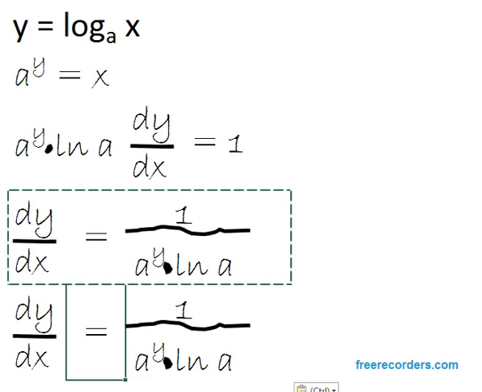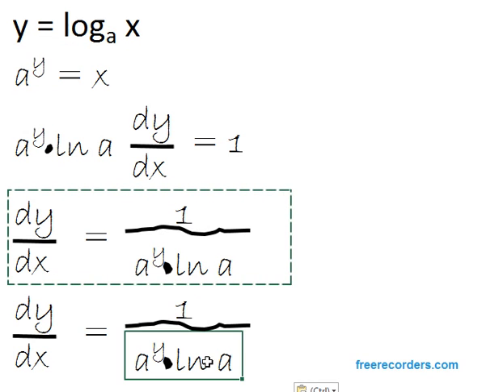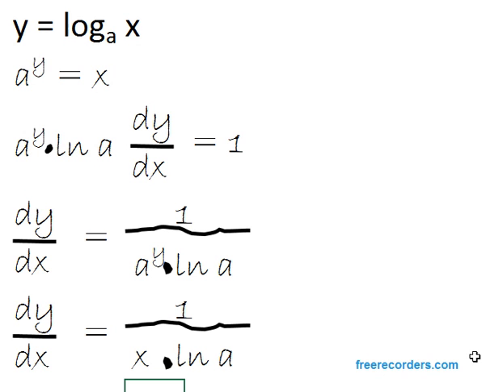And if I look up here, I see that a to the y is equal to x. So I can substitute in x. And I see that the derivative of y with respect to x is equal to 1 over x times the natural log of a.